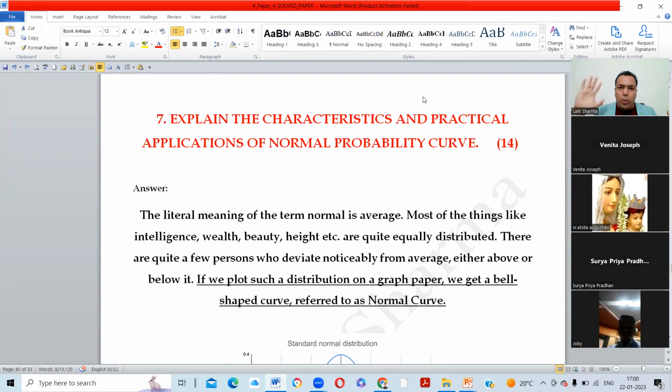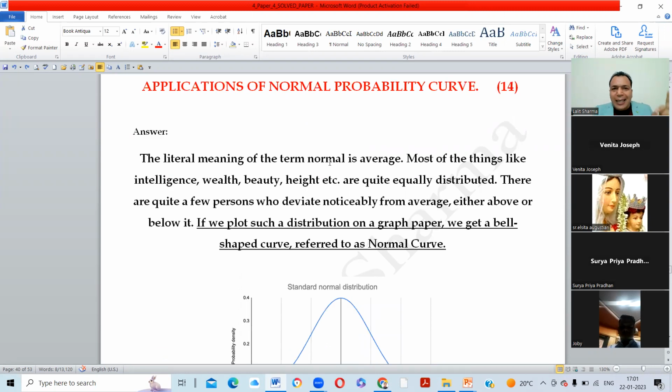First of all, guys, you have to understand what is normal probability curve. For one, what are the different names of a normal probability curve, who developed the normal probability curve, and how we draw the normal probability curve. Then we will talk about uses and practical applications of a normal probability curve.